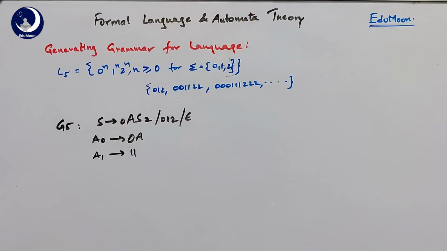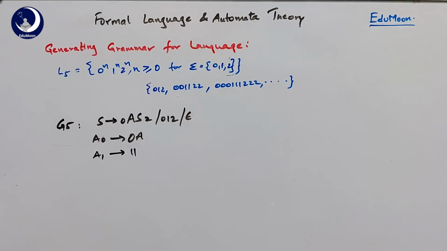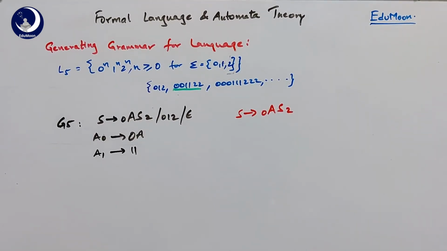If you take a string in the language, for example 001122, we can try to generate it using this grammar. First we take the starting production rule S equal to 0AS2, and now we produce that.